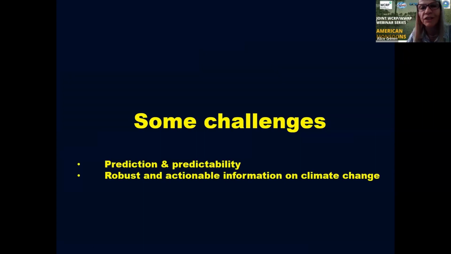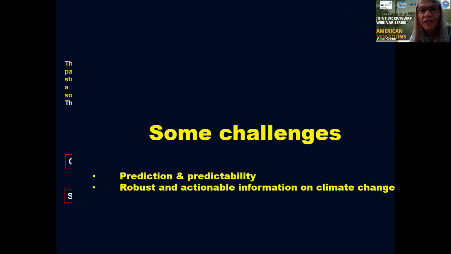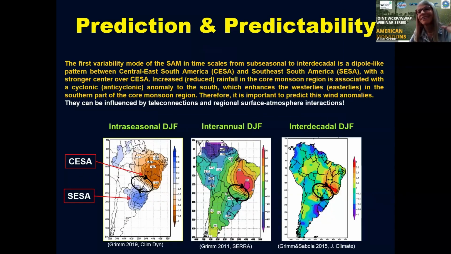About these challenges, as I said, the two main challenges that I see are about prediction, predictability, and robust and actionable information on climate change. Just to give a hint about the problem we have here in South America about prediction and predictability at the peak of the monsoon season. You can see here in this figure the first mode of variability during December, January, February, which is the peak of the monsoon season.